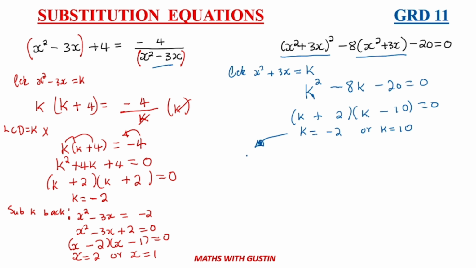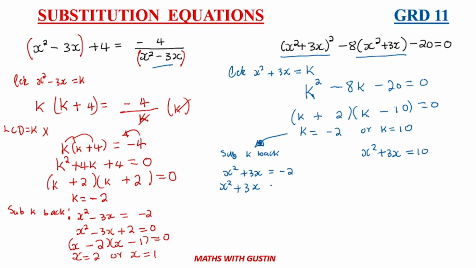Right, so we are going to deal with this one first on this side, where k is equal to -2. Because we found k, we need to sub k back. We're going to substitute k back now. Here we go. It's going to be x squared plus 3x equals -2.